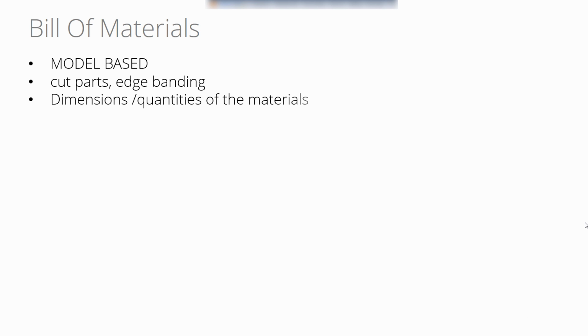Speaking about the bill of materials, it's model based. It means that what you made in your model, you will get exactly the same in the specification. We calculate cut parts, including the grain direction, the edge banding, thickness and position, and so on. We calculate the dimensions and the quantities of the material. We differentiate purchase or hardware items.